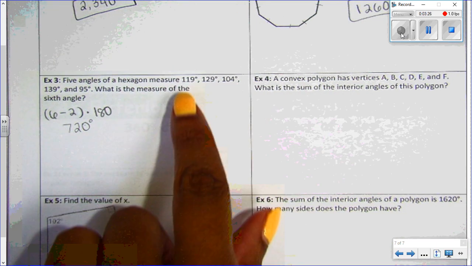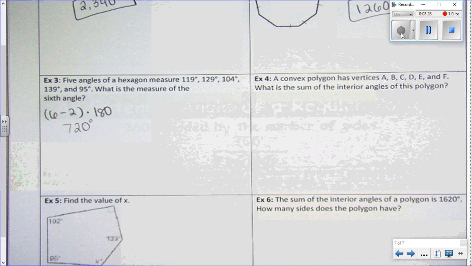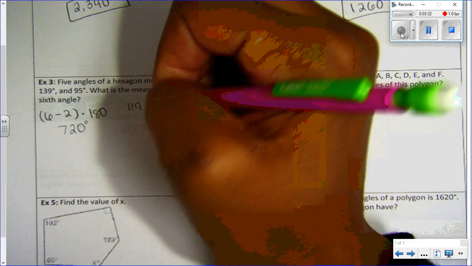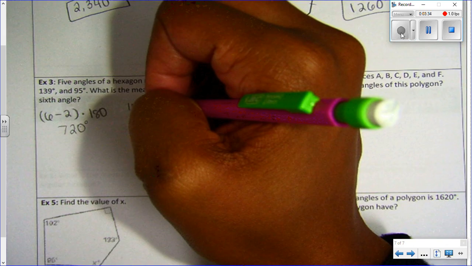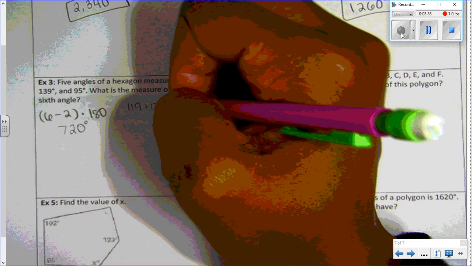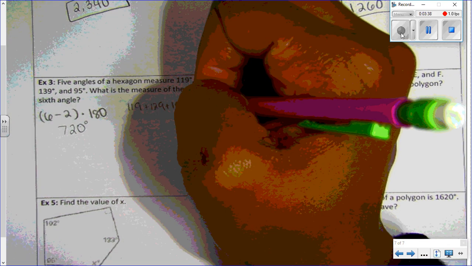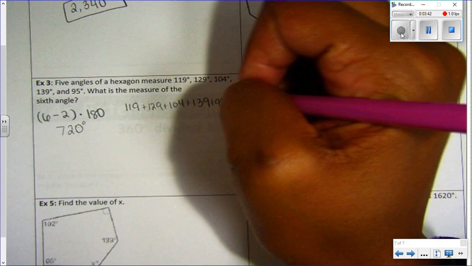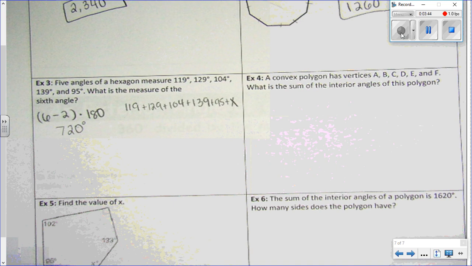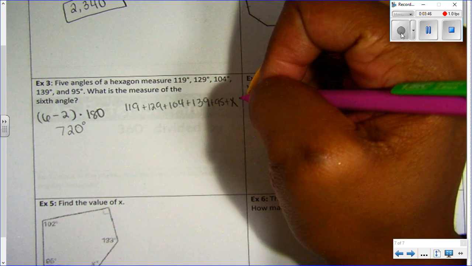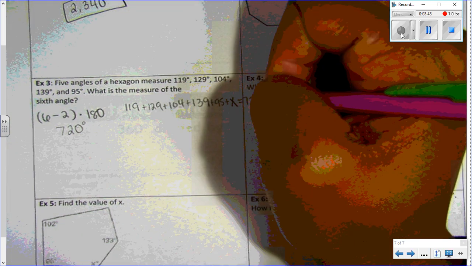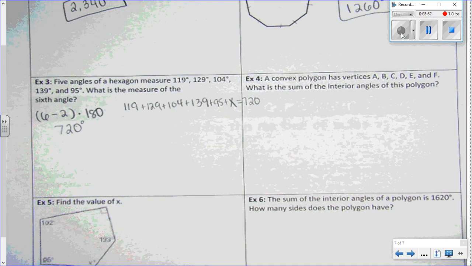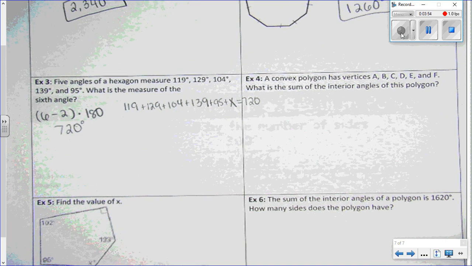We know 5 of them, and they want us to find the 6th one. So I know that 119 plus 129 plus 104 plus 139 plus 95 plus whatever that other one is, because I don't know what that is, equals 720 degrees. And now I'm just going to figure out what that is.